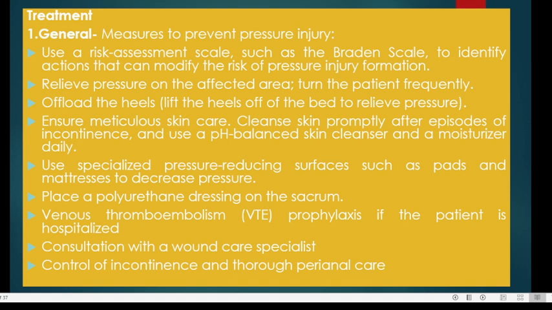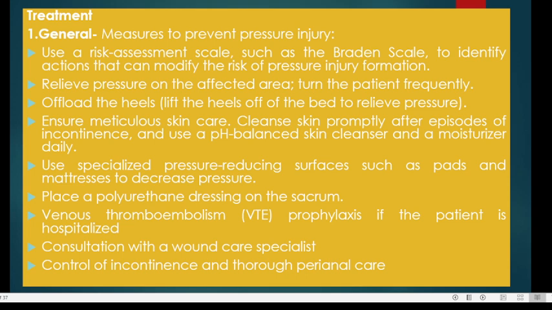Treatment. We have the general treatment, diet treatment, activity treatment, medication treatment, and lastly, surgical intervention. Starting with the general treatment, we have measures to prevent pressure injuries.